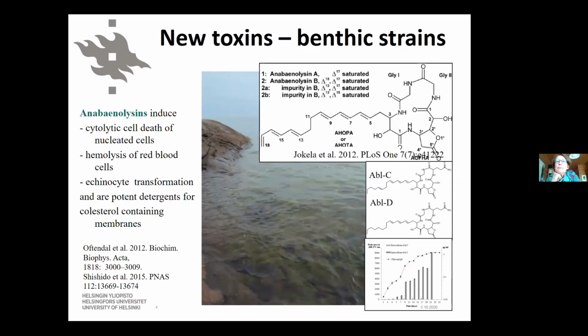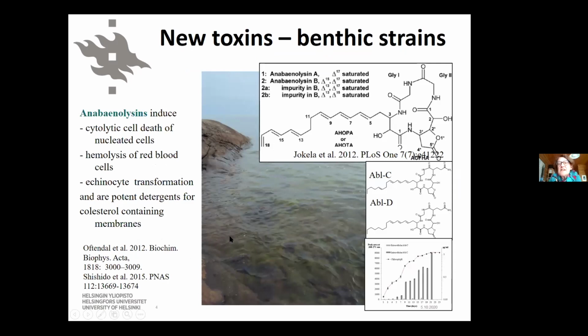So as I said, we know the main toxins, but new toxins are continuously being recognized. We found this kind of compound from benthic strains growing in the coastal areas of the Gulf of Finland.